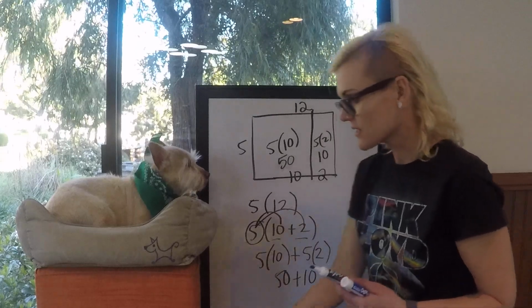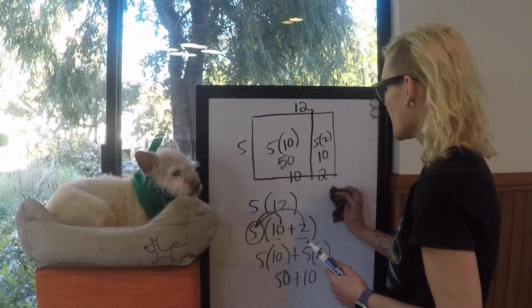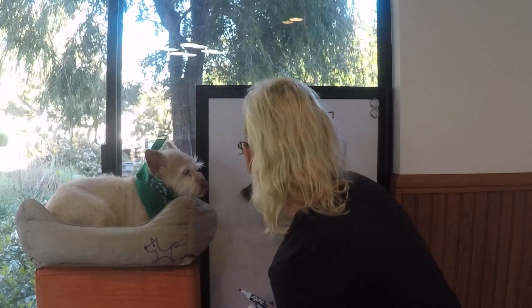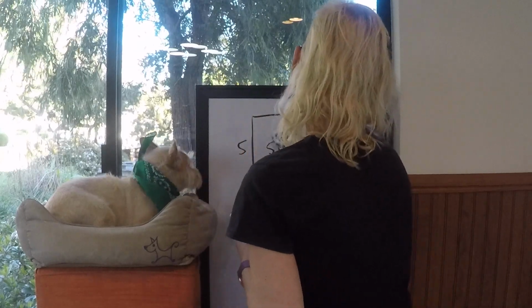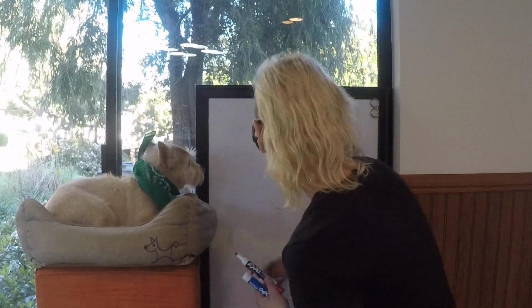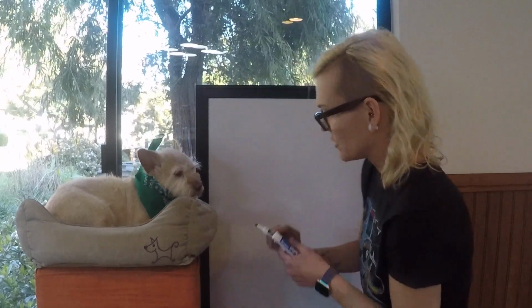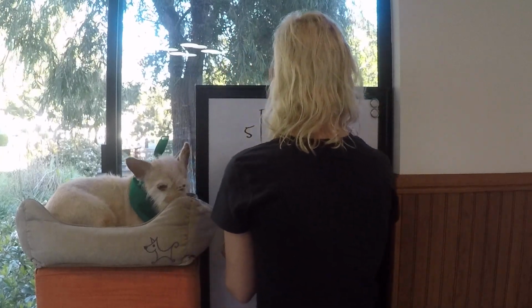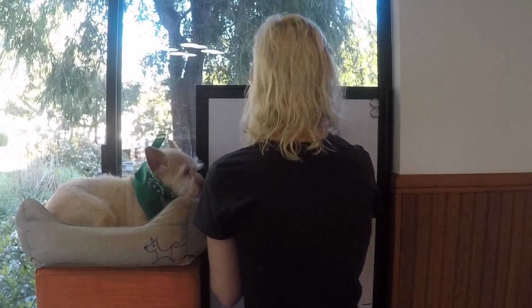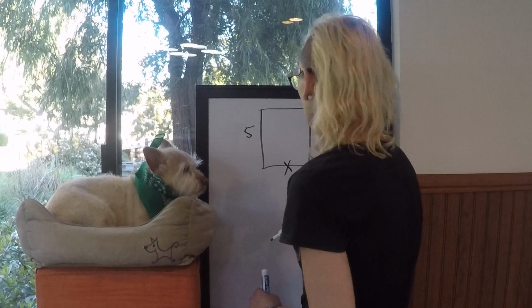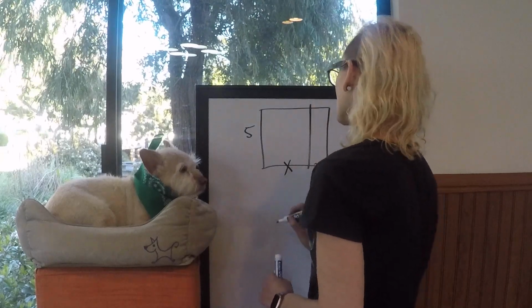But what happens if, instead of 10, we say it's x? This time, I don't know what the length of the wood is going to be. So I'm going to erase this and make an example using x. So 5, and instead I'm saying I don't know the length of my wood, and let's keep this 2.